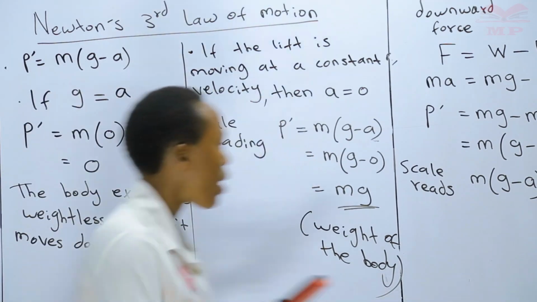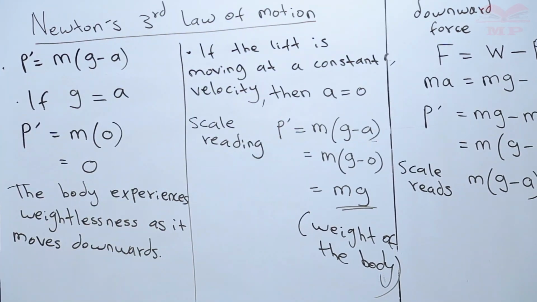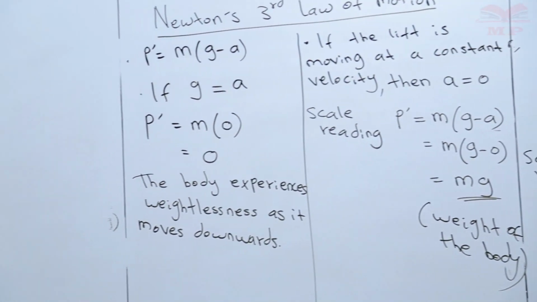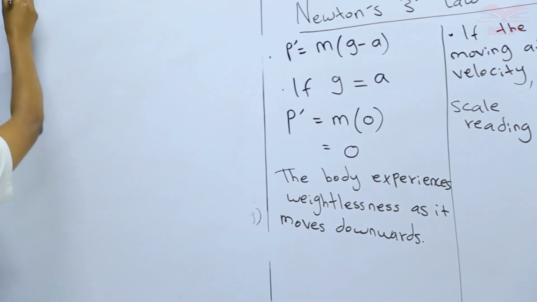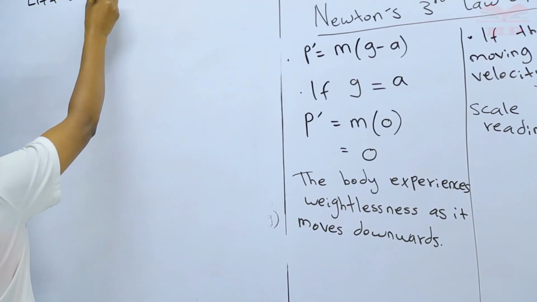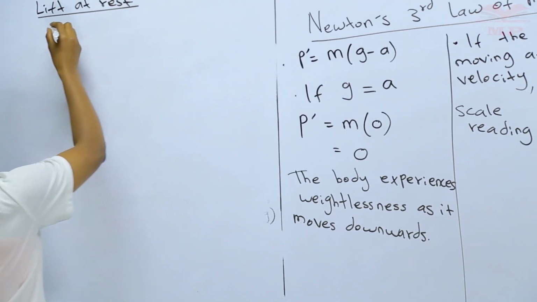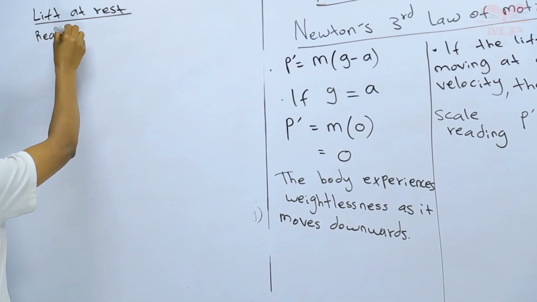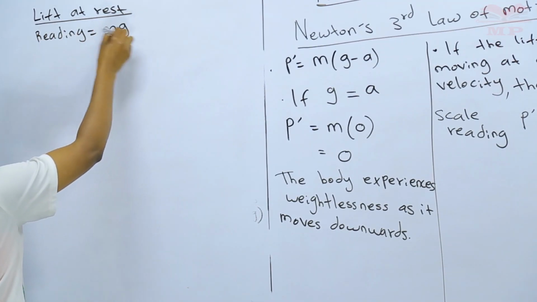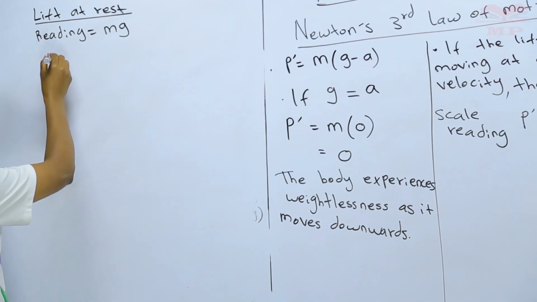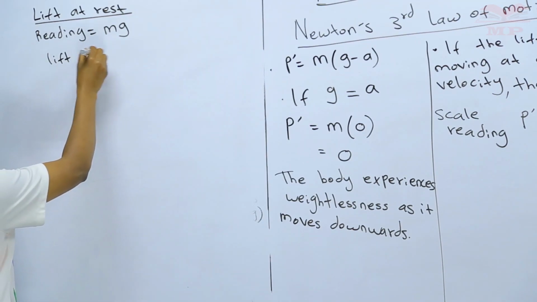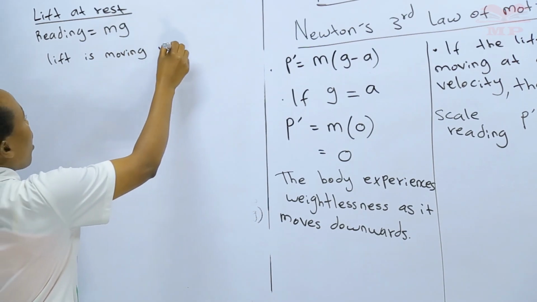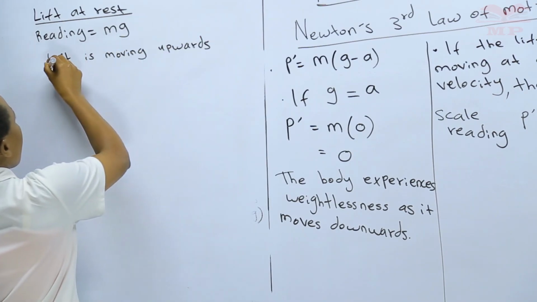Just to do a summary on what we have just discussed, we can have a lift when the lift is at rest. When it is at rest, we have seen that the reading will simply be the weight of that body. Then we have also looked at when the lift is moving upwards with an acceleration a.